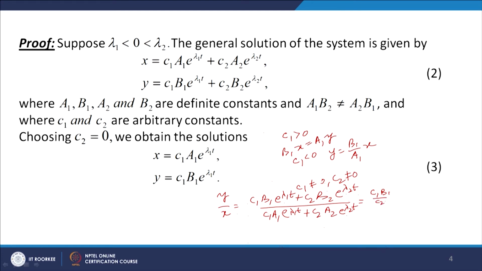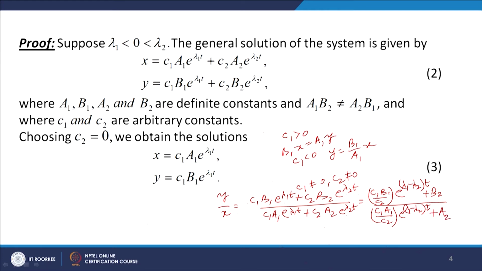So, C1 B1 divided by C2, and then we divide by e to power lambda 2 t. So, what do we get? C1 B1 by C2 e to the power lambda 1 minus lambda 2 into t, and then plus B2, and this divided by, here we take also C1 A1 divided by C2, and then e to the power lambda 1 minus lambda 2 into t plus A2.